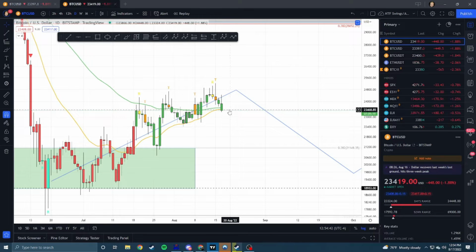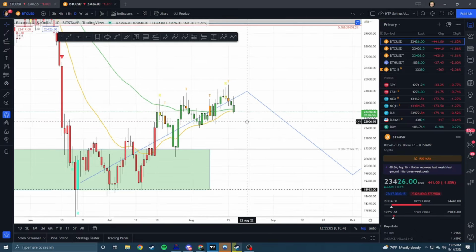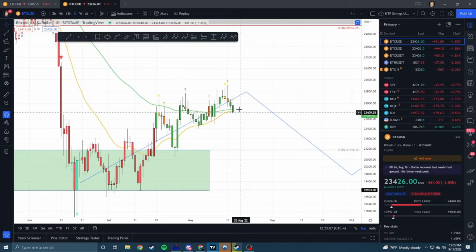If we're able to close below the 21 and the 55 EMA, that confirms a local top on my system, and I would be inclined to enter a managed short, meaning 5 to 10% risk, depending on your portfolio size and stuff like that. This is probably going to be a 5% risk trade for me, just because it is a with-trend move.